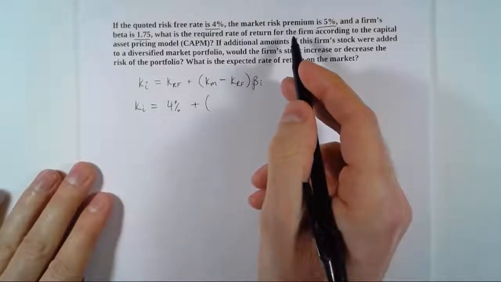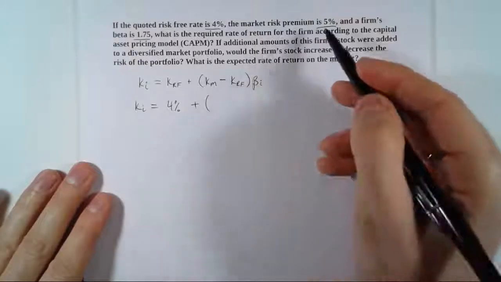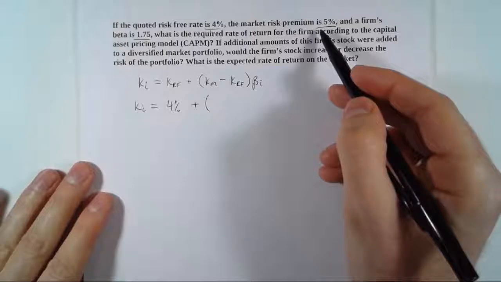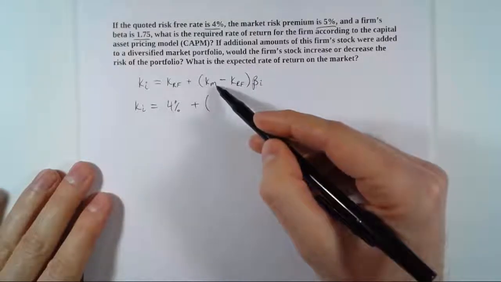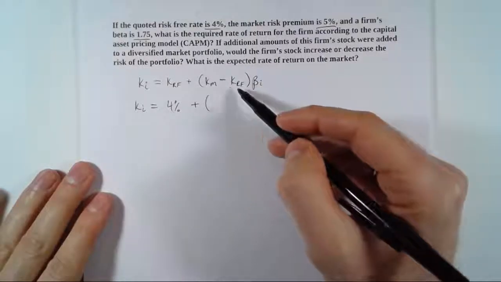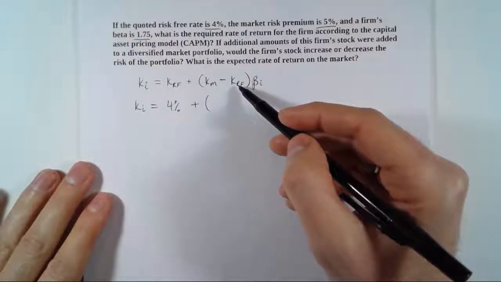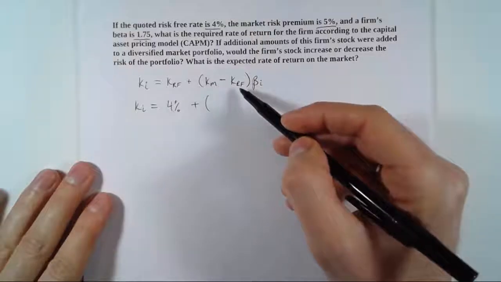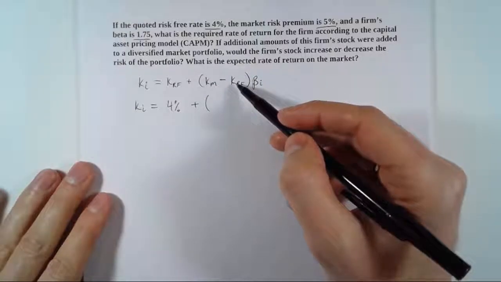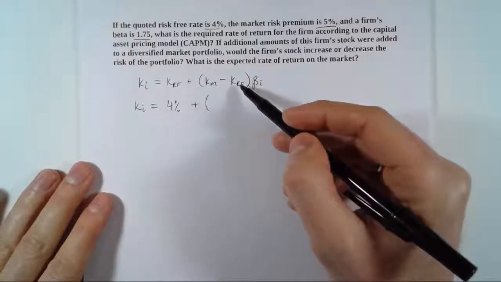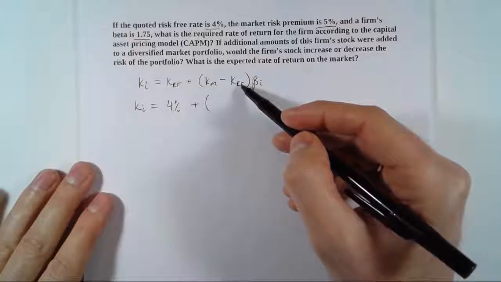The problem doesn't actually give us Km, but it does give us this market risk premium. So let's think about that for a moment. You would expect that because the market is more risky than something which is risk-free, the market should have a rate of return which is in excess of the risk-free rate. So it should have some additional amount of expected return. If I take the return on the market minus the risk-free rate, that's telling me the amount of extra return that an investor would expect to get by investing in the market relative to what he could have earned by investing in something risk-free.